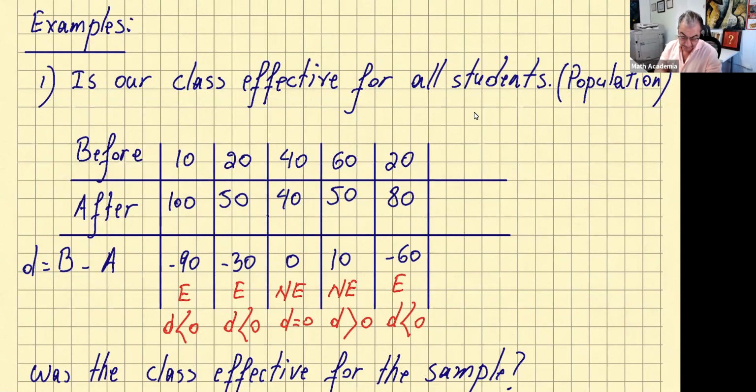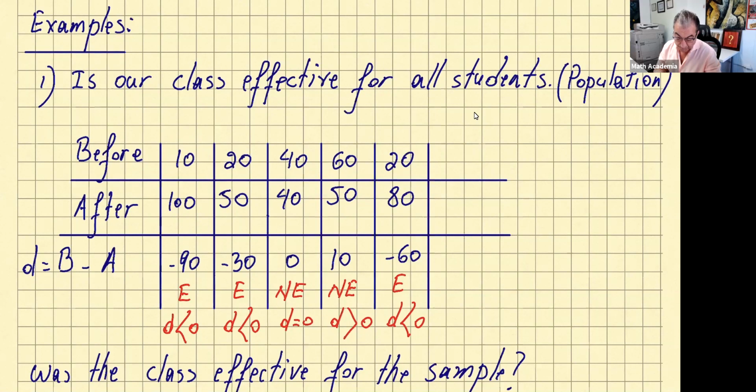The first thing you do is calculate D for every individual student, and that's before minus after, always before minus after. So let's see what we have here.